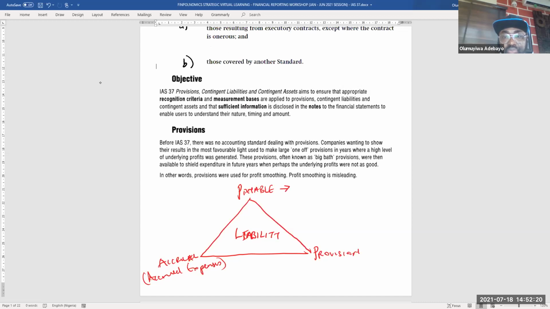Payable means the amount is due, and an invoice has been raised or issued to you as an entity. That's why it is payable. Accrual means the amount is not necessarily due and the invoice is yet to be issued.